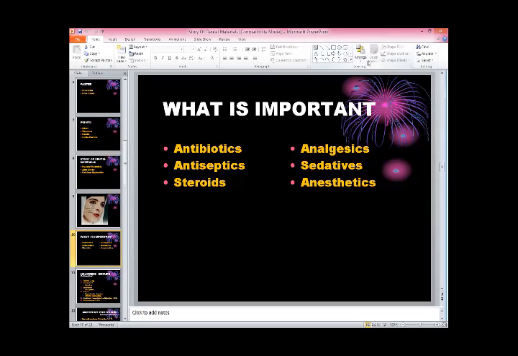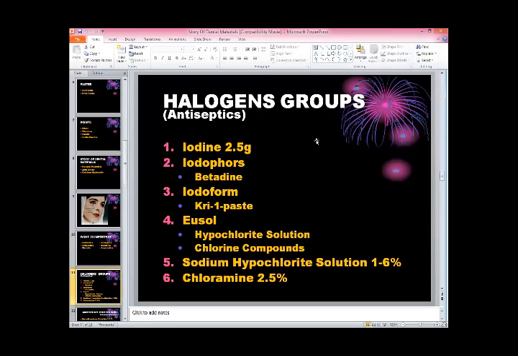So last time I discussed the halogen group, and I told you what normal compounds we are making with this group, and which types of disinfectant we are making to use in endodontic therapy.